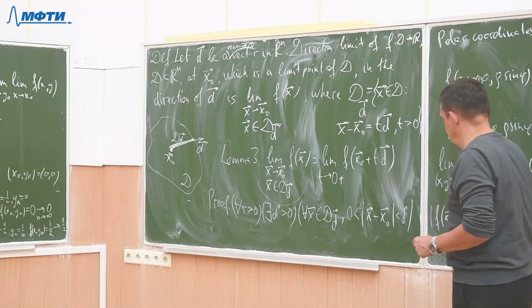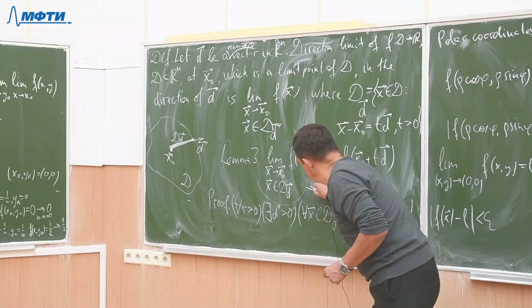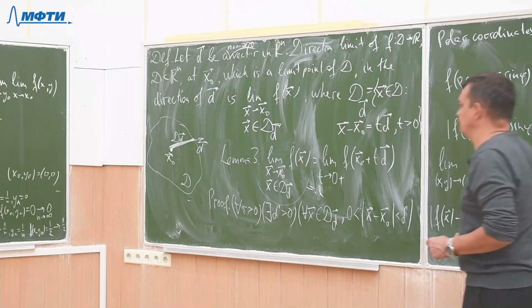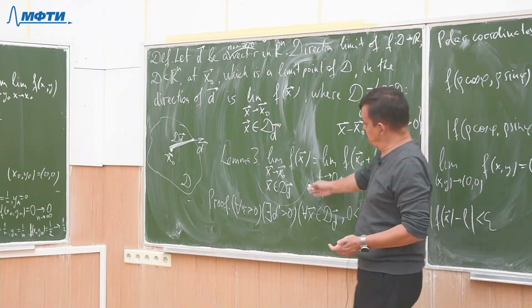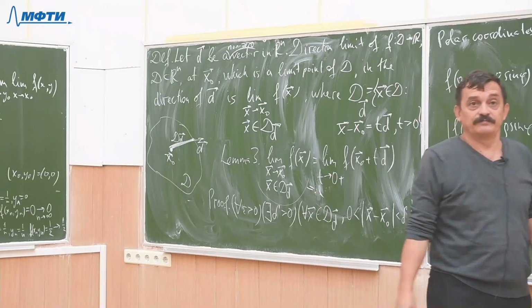That is, let L denote this limit. That is the Cauchy definition for this direction limit.